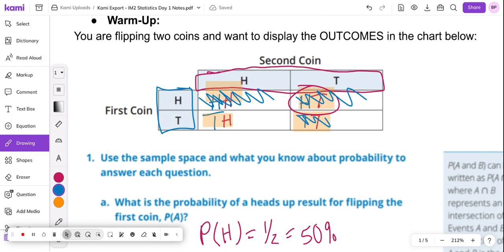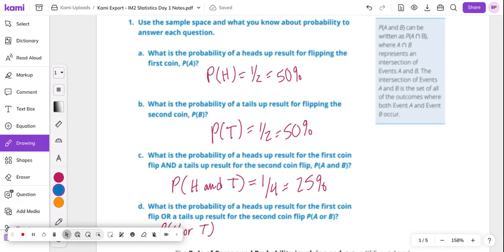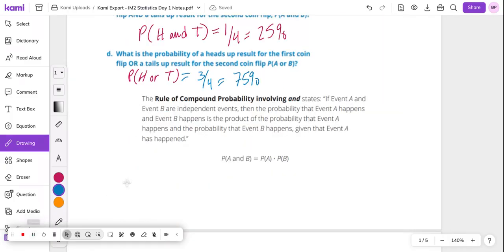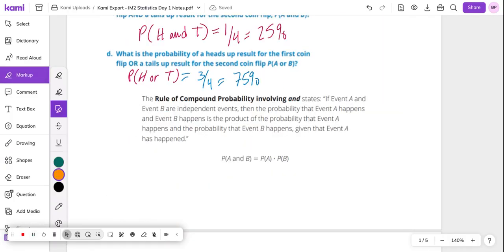So that's going to be this guy right here. The only one that doesn't work is this guy right here. So if we're going probability of heads first or tails second, that is going to be 3 out of the 4 possibilities, or 75%.